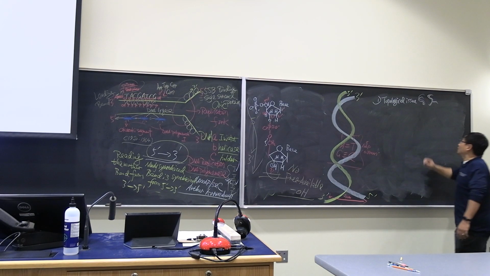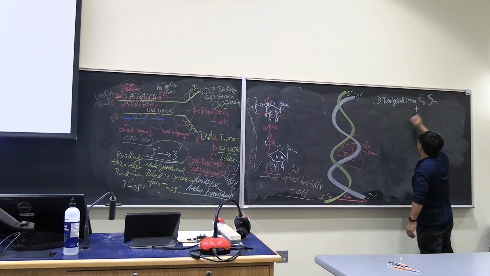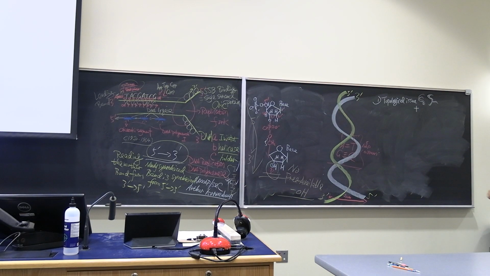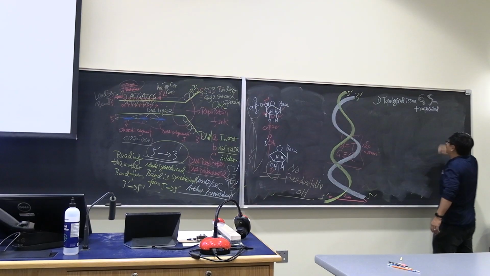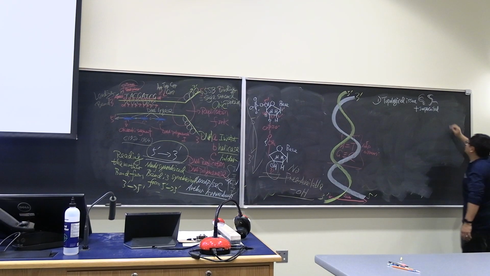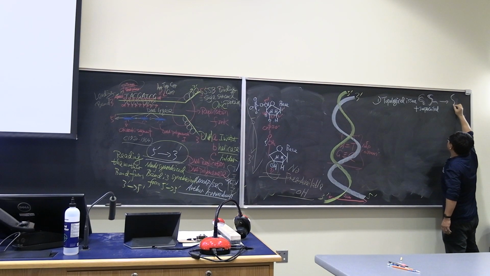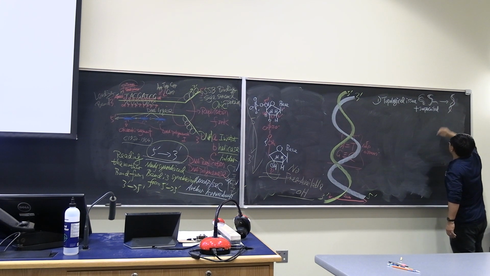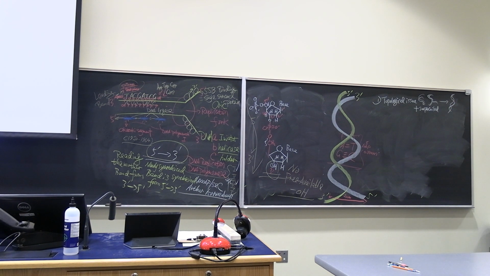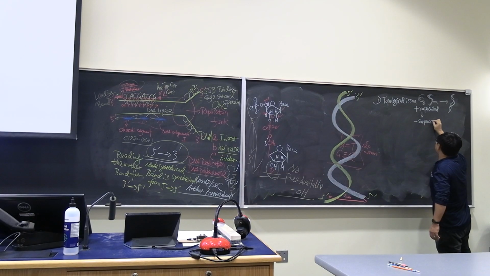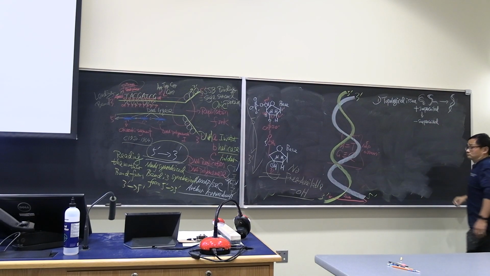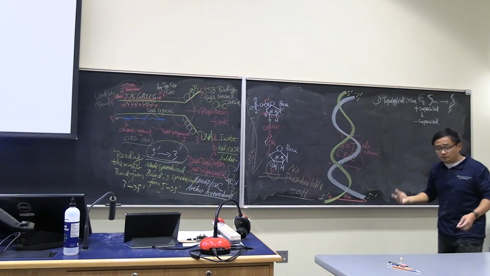So we call it positive tension, or we say positive supercoil. Now the positive supercoil needs to be released, to become a relaxed double helix. So that is what we call negative supercoil. That's the first issue we have to solve.